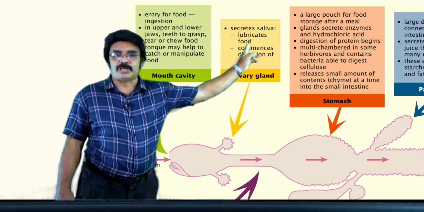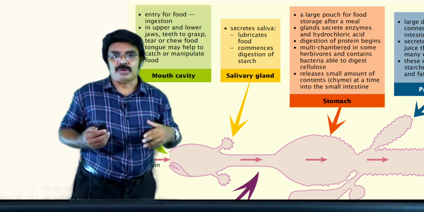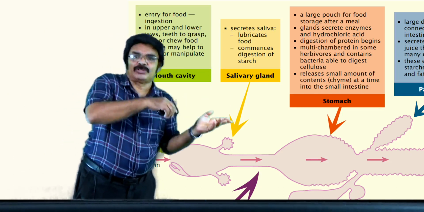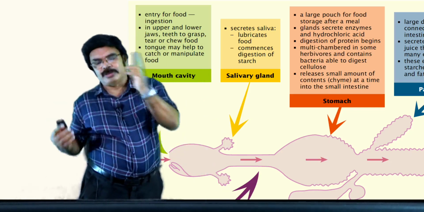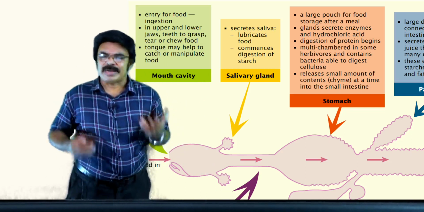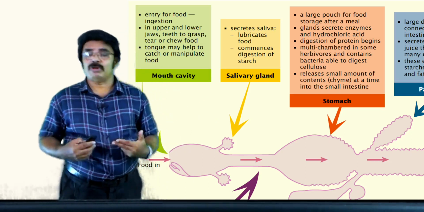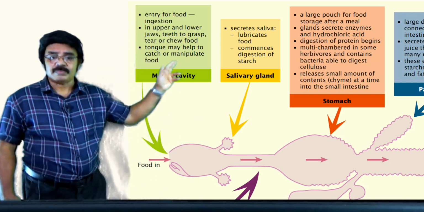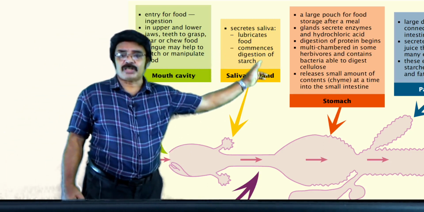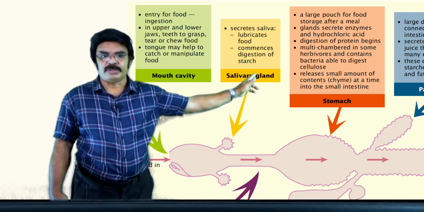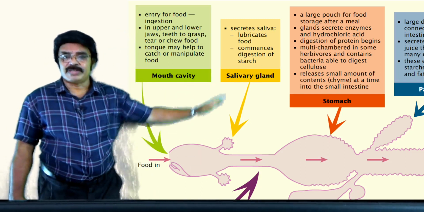When the food is lubricated, you can handle food inside your buccal cavity, and food can be taken to this teeth and to that part, and so on. Also the tongue helps swallowing food. It commences digestion of starch. Yeah, that is chemical digestion. We are learning all these things in detail, but this is the general idea.